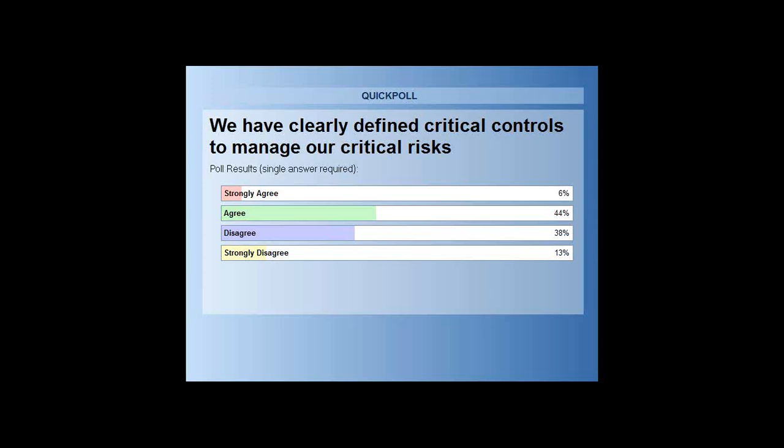Again, we've got about 50% within the agree and strongly agree range, so that's encouraging. And again, for those that are below the agree range, as we go through this webinar, see what is discussed and how that can be applied in your work area. And again, if there are questions, please feel free to type them into the questions area on your screen. Okay, and now we'll go to the third question.